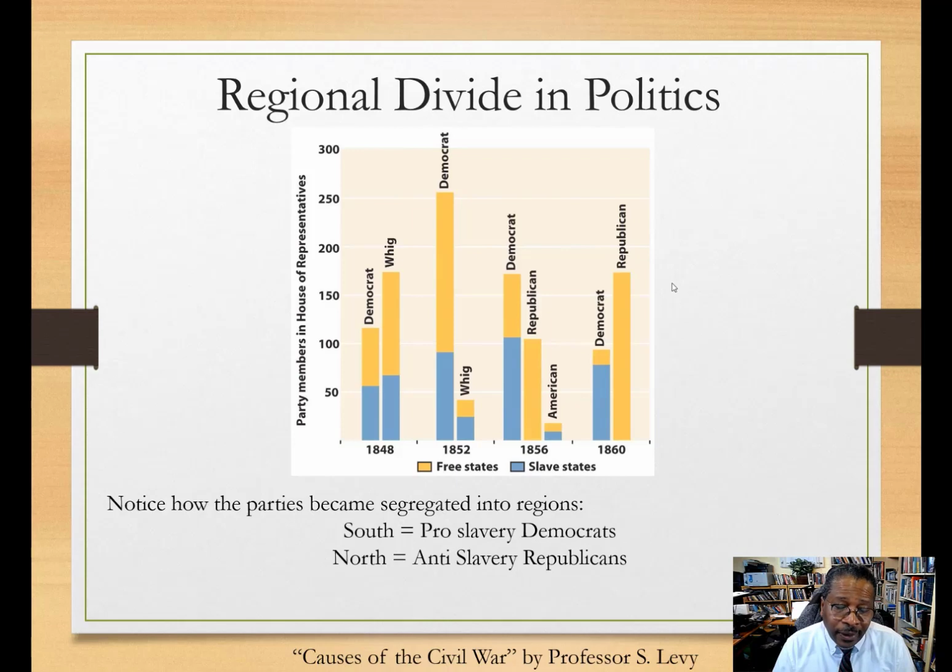The Republican Party is a Northern party. And there are very few Democrats in the North. The Democratic Party is largely a Southern party. So the political divide becomes a regional divide: Republicans in the North, Democrats in the South. And that is going to be the break in national politics when we come to the Civil War.